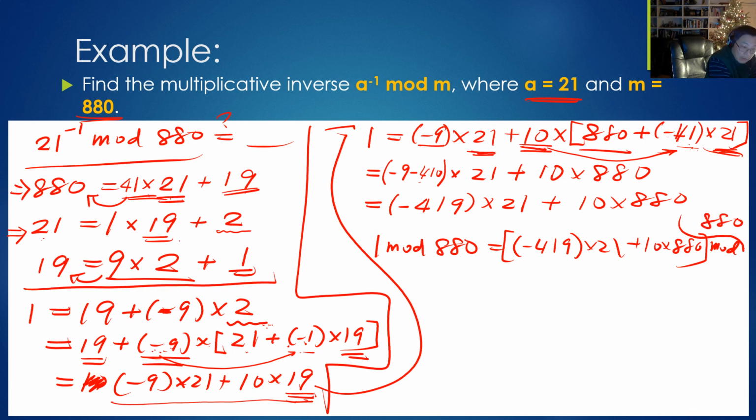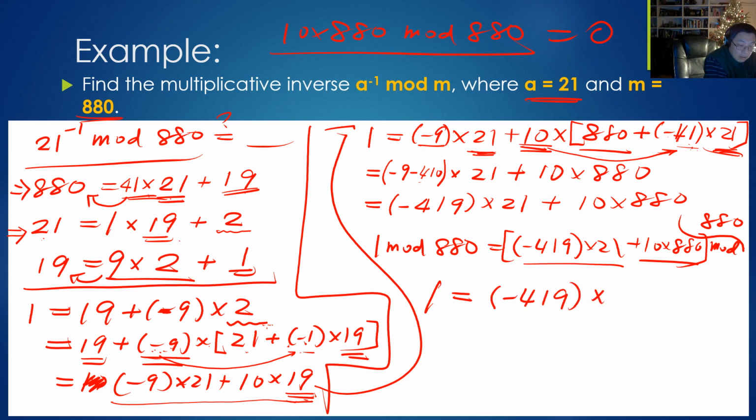Now again, the left side is going to be 1, because 1 divided by 880 gives remainder 1, quotient 0. And 10 times 880 mod 880 is 0, because 10 times 880 divided by 880 is 10, and the remainder is 0. So the quotient is 10, remainder is 0. So I only have the first term left: minus 419 times 21 mod 880.